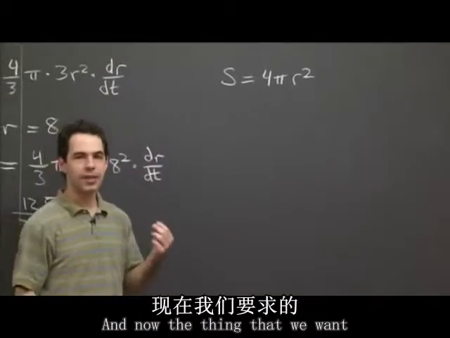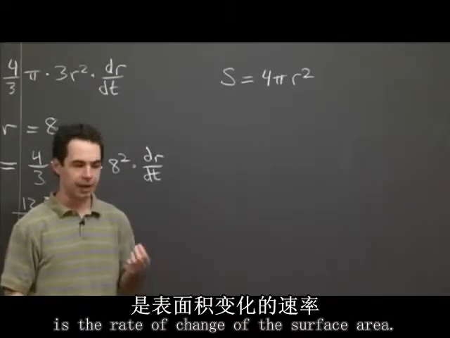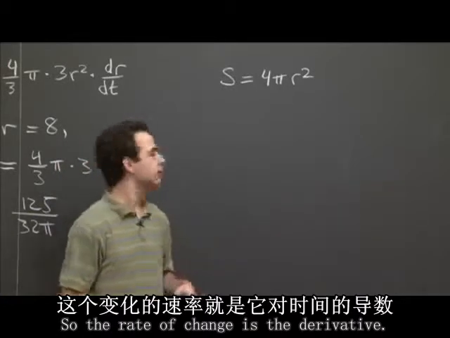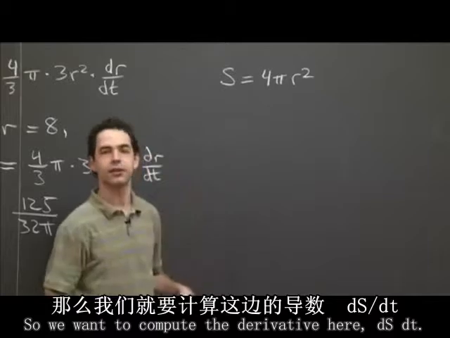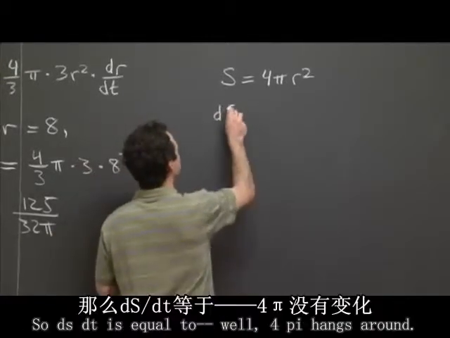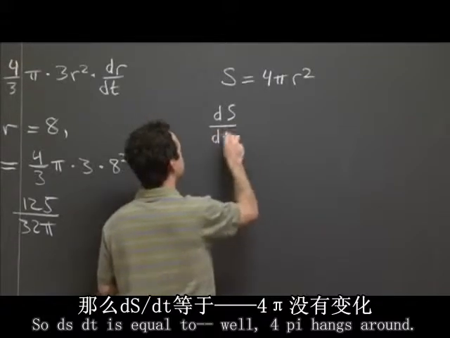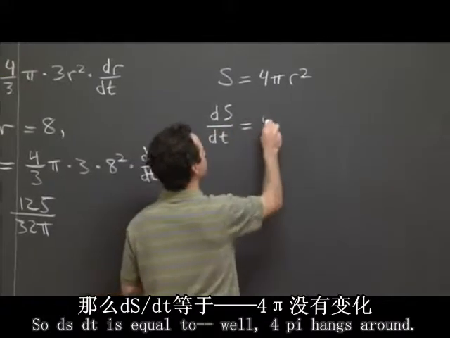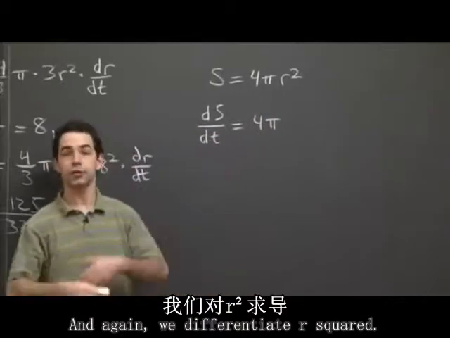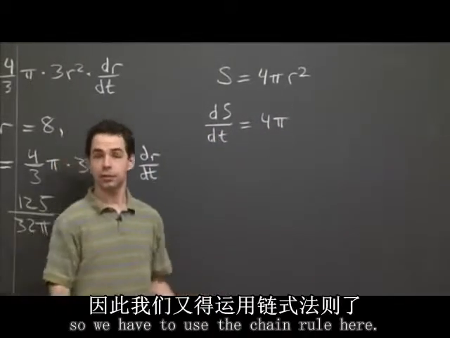Now the thing that we want is the rate of change of the surface area. The rate of change is the derivative, so we want to compute the derivative dS/dt. So dS/dt is equal to 4 pi, which hangs around. Again, we differentiate r squared. r is a function of t, so we have to use the chain rule here.